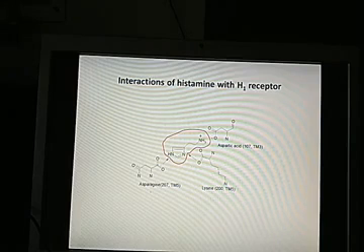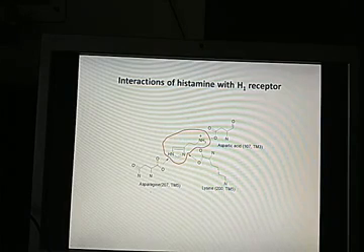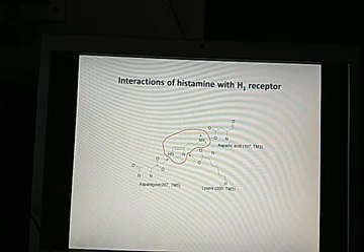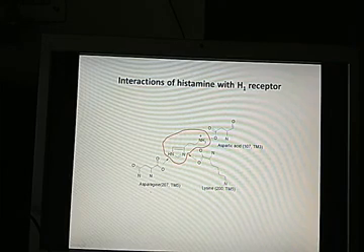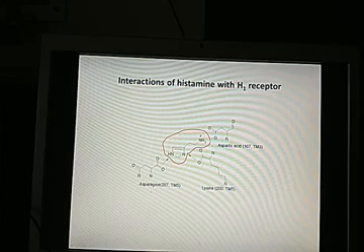Now this hydrogen, this NH group interacts with this of asparagine. Now this third nitrogen interacts with the carboxylic CO oxygen of this lysine, and the monocationic form interacts with the negatively charged oxygen of aspartic acid.